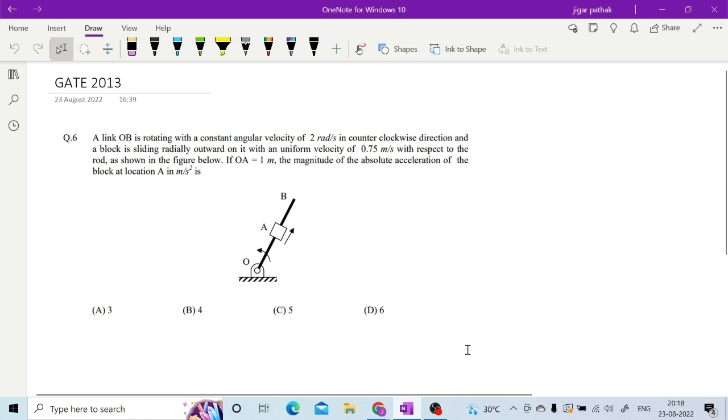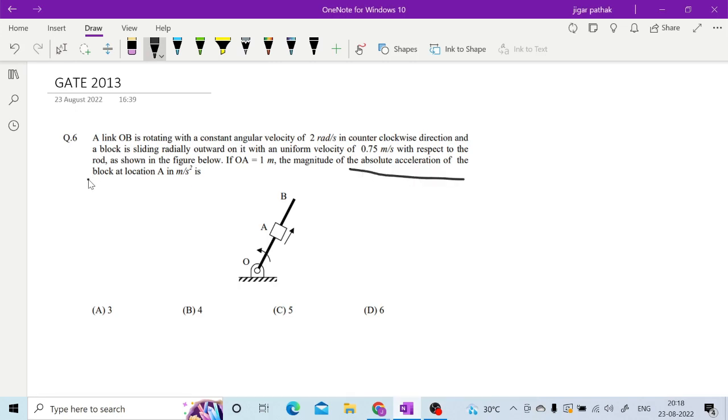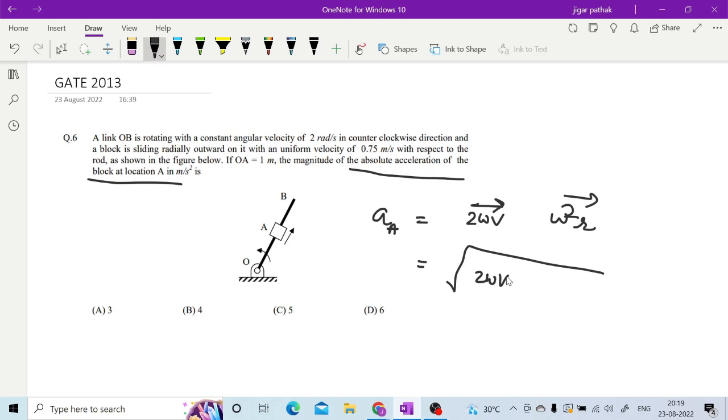Because here what we are going to do is find the absolute acceleration of the block at location A. For the absolute acceleration, we have to take the vector sum of 2 omega v and omega square r. 2 omega v will be in the direction perpendicular to the link and omega square r will be along the link length.